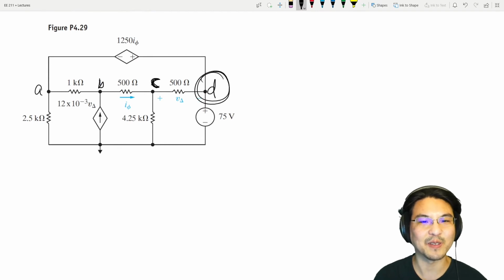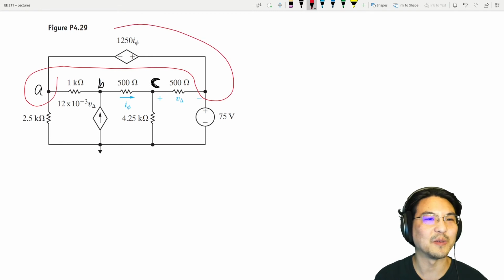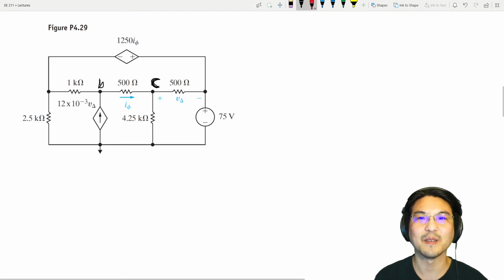We actually know this one is 75, so that's known. So 3 unknown node voltages. Any supernodes? Yes, right here, between node A and D is a voltage source.